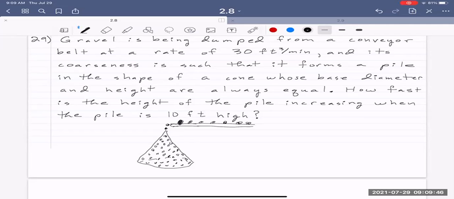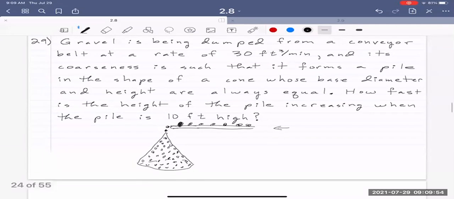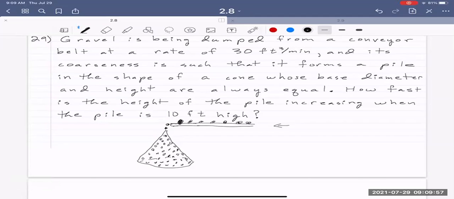So the volume of the gravel on the conveyor belt is changing by 30 cubic feet per minute.